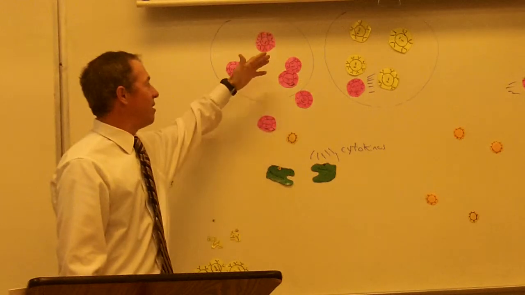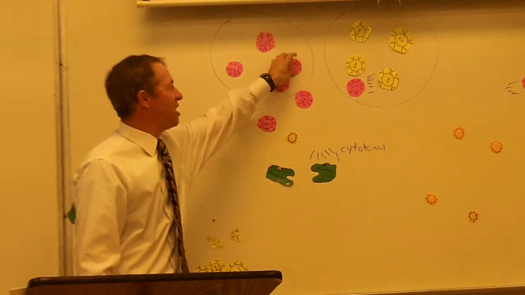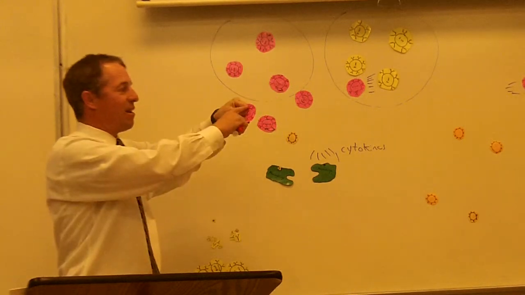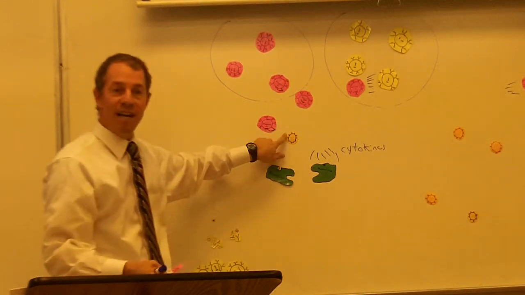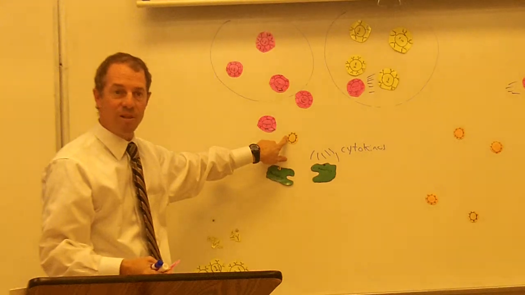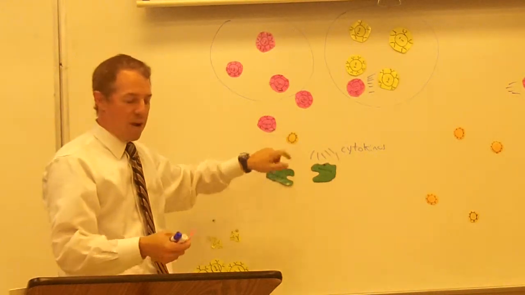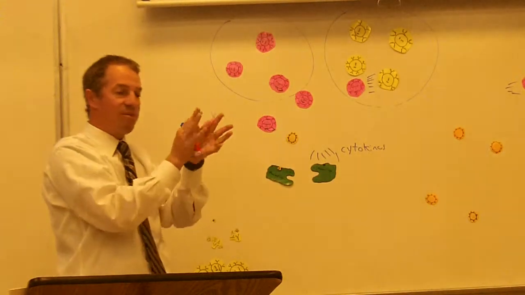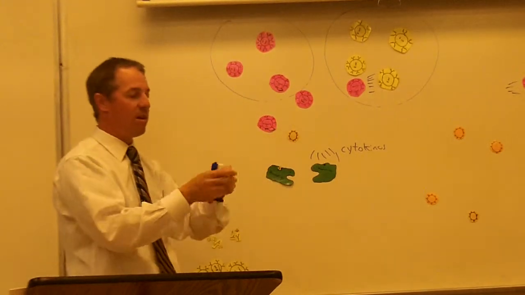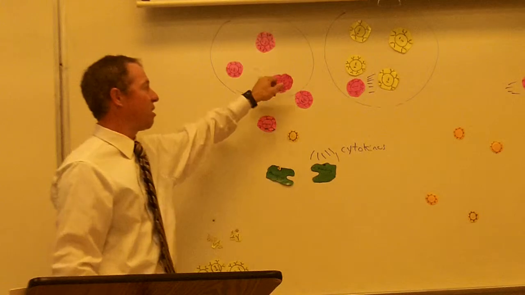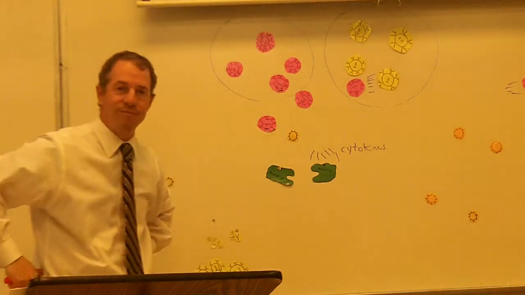But there is so much variation in the T cells that there will be some T cell with a receptor for any antigen that can possibly form. There's a way that the receptors on the T cells can vary as well. And any shape that these can come up with, your T cell receptors can come up with. So no matter what, there will always be a T cell with the right receptor.